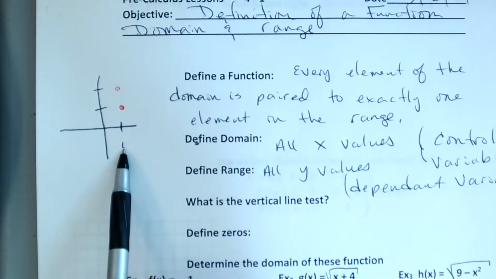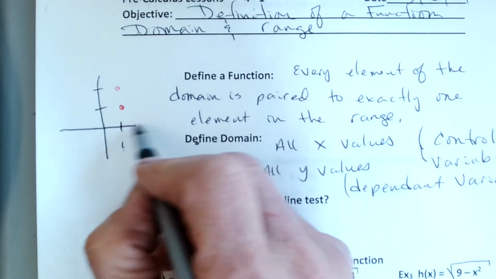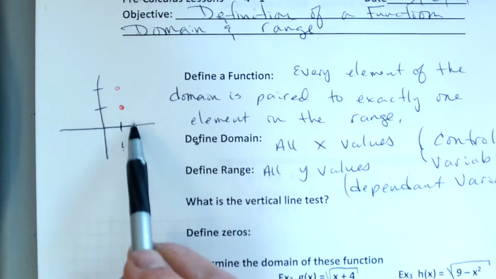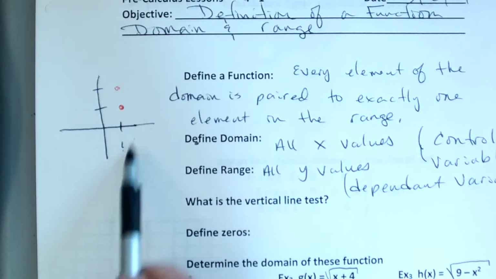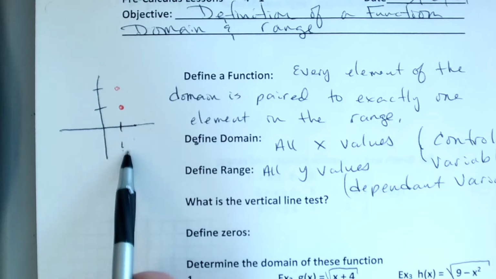So I can control, like, we've got to be careful we don't call it x values, because this problem could be lattes, number of lattes. That wouldn't be an x, that'd be a number of lattes.